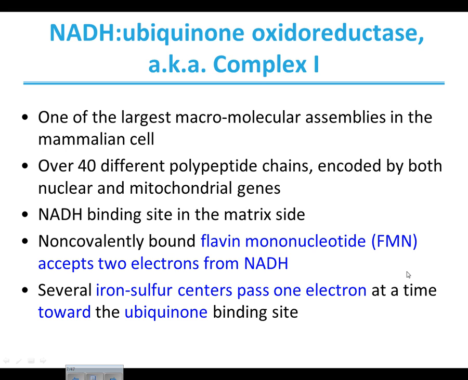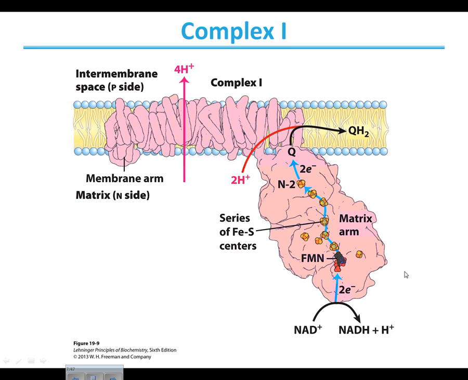For each of these, I'm pretty much going to stay on the picture while I'm describing it, but what I'm saying should be located on this slide, more or less. We're going to start with complex 1, known as the NADH ubiquinone oxidoreductase.